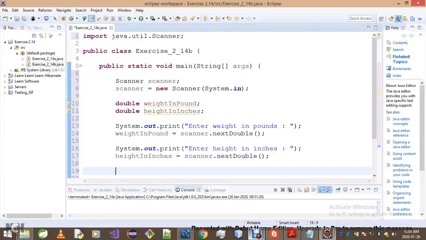Okay, so now what you want to do is to compute. We have to compute our weight in kilograms. So have this number here, 0.4535.